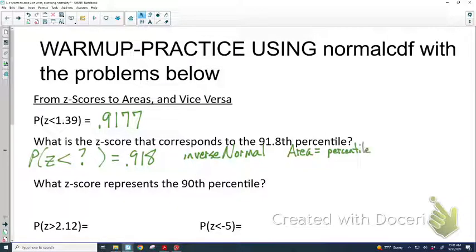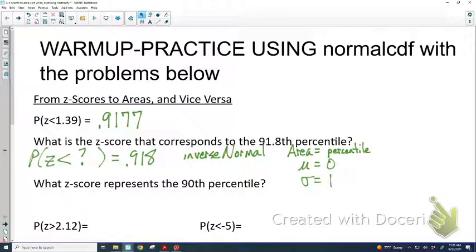Sometimes they're tricky, and they'll give you the top percent. So like on that second question right underneath it, they could have very well asked what Z-score represents the top 10%. We want the 90th percentile. And then it lists mu and sigma. We'll talk about that later. Let's keep it 1 and 0 for now.